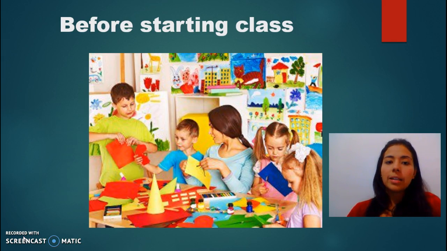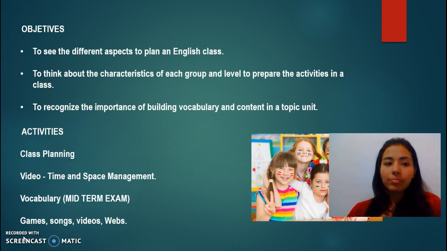The third unit was before starting class. I had three objectives: to see the different aspects to plan in an English class, to think about the characteristics of each group and level to prepare the activities and class.